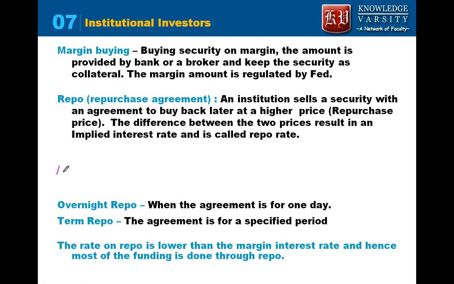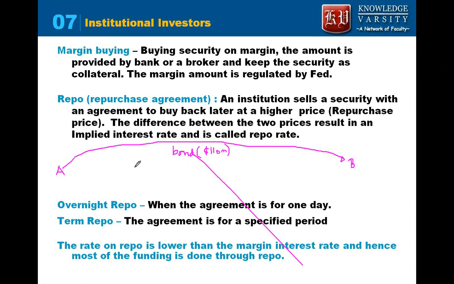So let's say there are two institutions, A and B. A has lots of bonds and is in need of money. A passes bonds worth, let's say, $110 million to B. A is in need of $100 million.